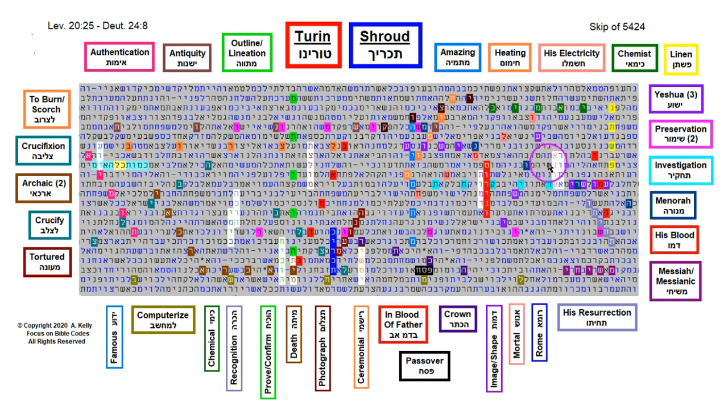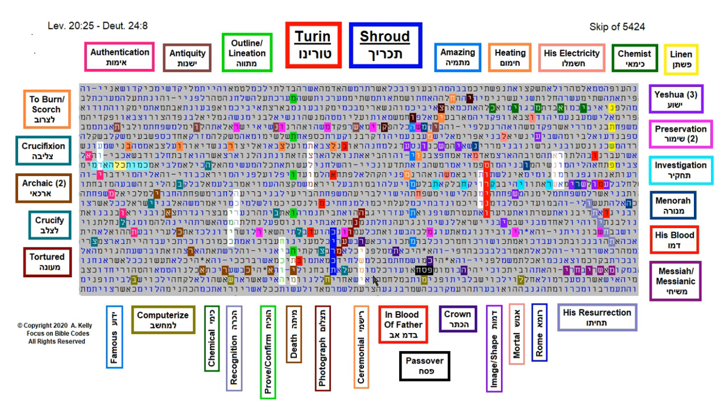Mortal, human, is here in this peach lettering, right beside Rome. Linen is here in this yellow, and ceremonial is here starting with this resh that's in the word crown. This is ceremonial here.